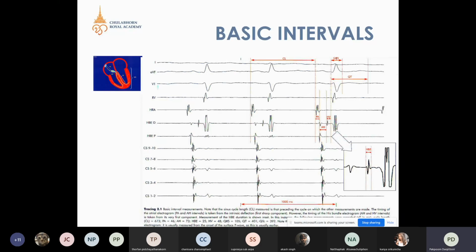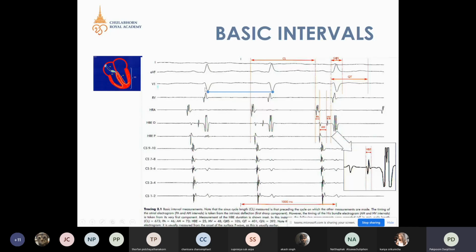The cycle starts when the ventricle is depolarized and causes ventricular contraction, right? So we can measure the cycle length from the R wave, which is the beat of the ventricle contracting and pumping blood to the body.